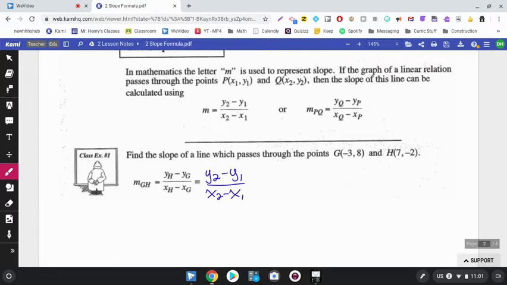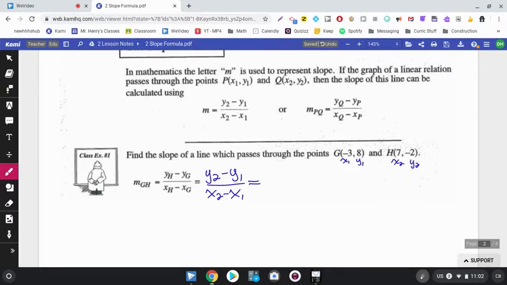That's typically what I'm going to plug into. Let's actually label that. I call one of them point 1, one of them point 2. So G, let's call that point 1, with x1 and y1. I really get in the habit of labeling this so I don't mess up. The other one is point 2, x2, y2.